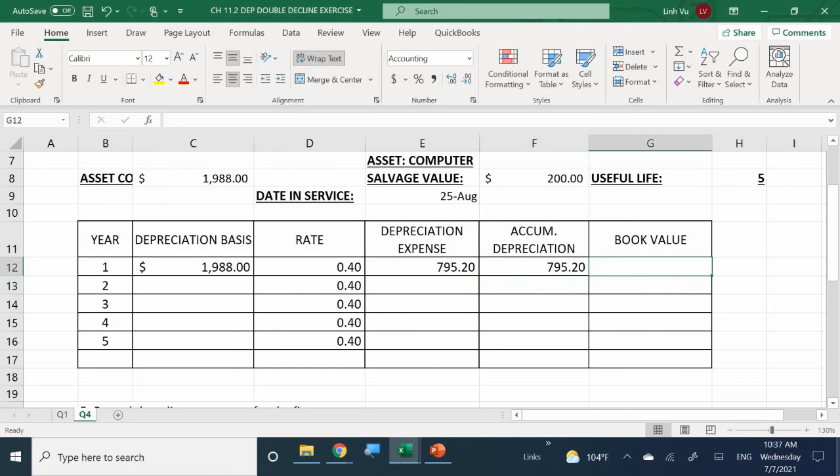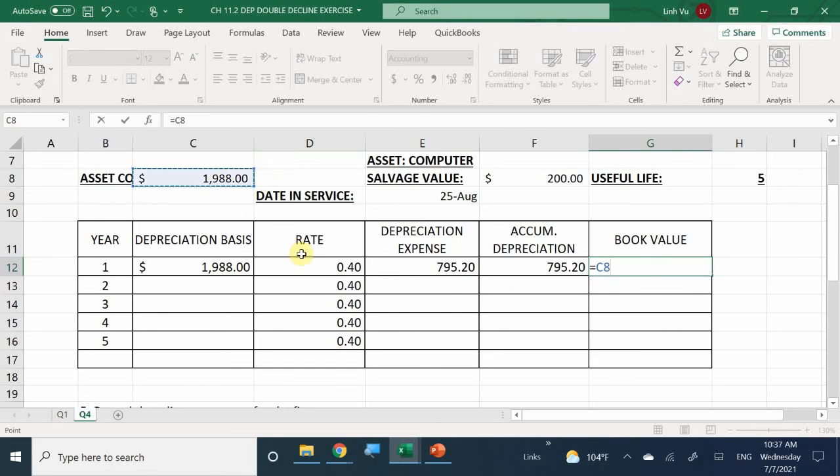Good. So then what is my book value going to be? What's the formula for book value? Cost of asset minus accumulated depreciation. Good. So in this case, what is the cost of my asset? 1988.